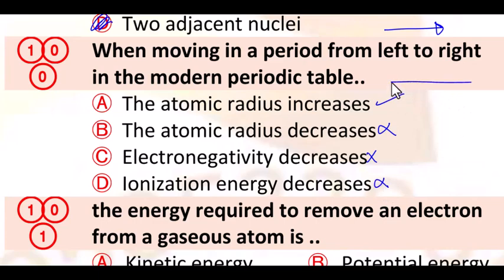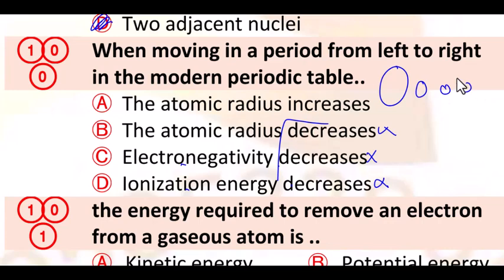No. From left to right, radius decreases, but electronegativity, electron affinity and ionization energy increase from left to right.